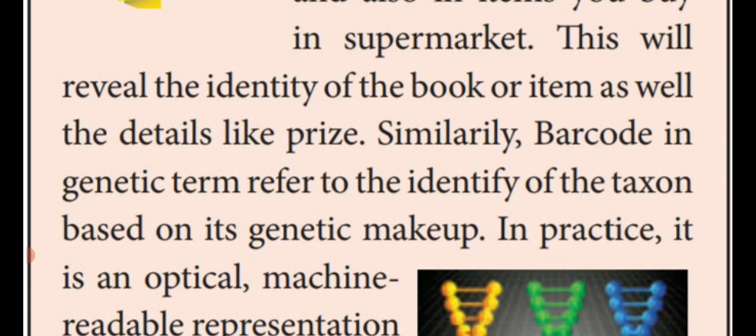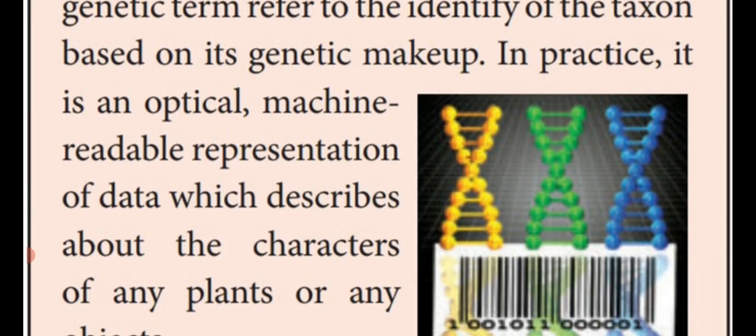Likewise, the number of genes, where it is located, which character it is carrying from one generation to another generation, and the amount or number of the genome, everything should be identified and measured in the form of symbols, known as a gene barcode.